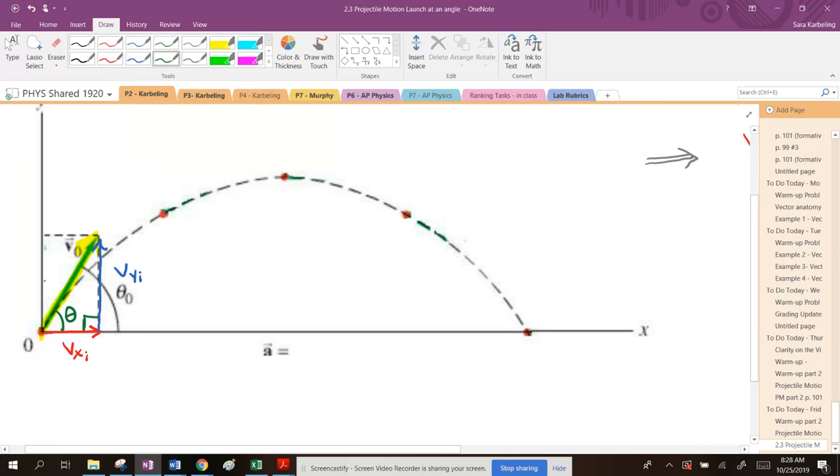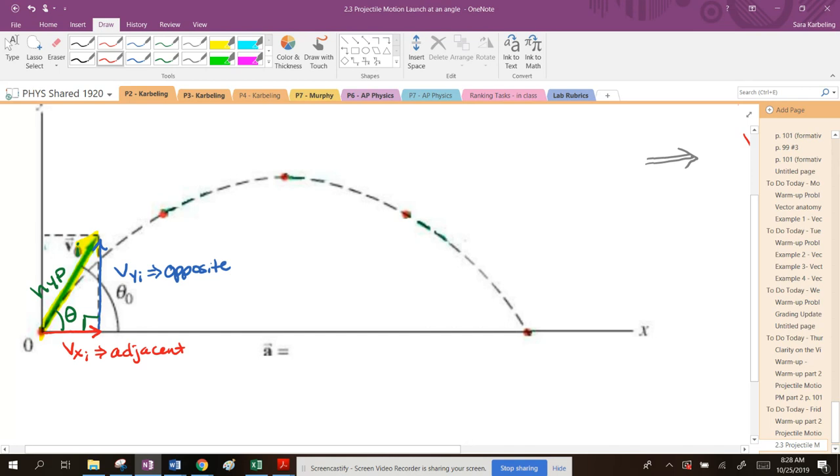My initial velocity, which I'm going to call Vi, is the hypotenuse. The Vy, or the initial velocity in the y direction, is our opposite side. And the initial velocity in the x direction is our adjacent side.